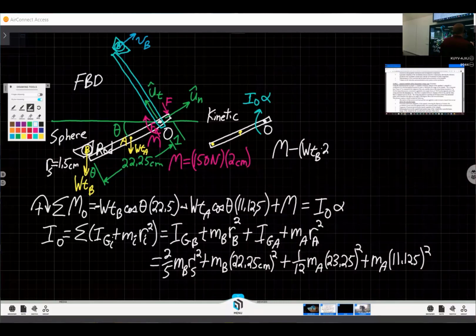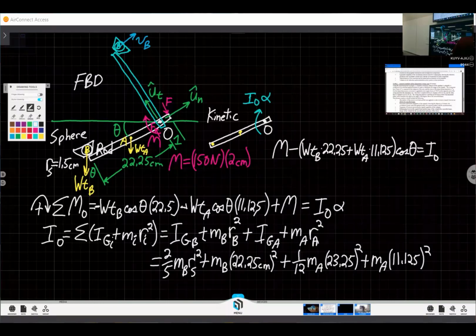times our 22.25 plus our weight of A, and the weight of A was our 11.125, times the cosine of the angle, is equal to that IO alpha. Okay? So you have an expression for alpha.